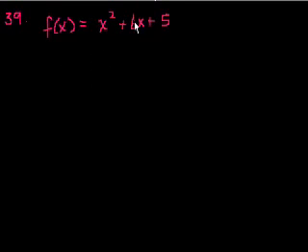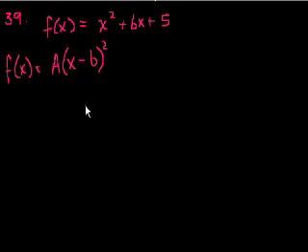What we have to do is just write this in that form. Let's see, if we could write this function in the form like this, f of x is equal to a times x plus or minus something, I don't know, b squared plus c. Then we know the vertex happens when x is equal to b, right?